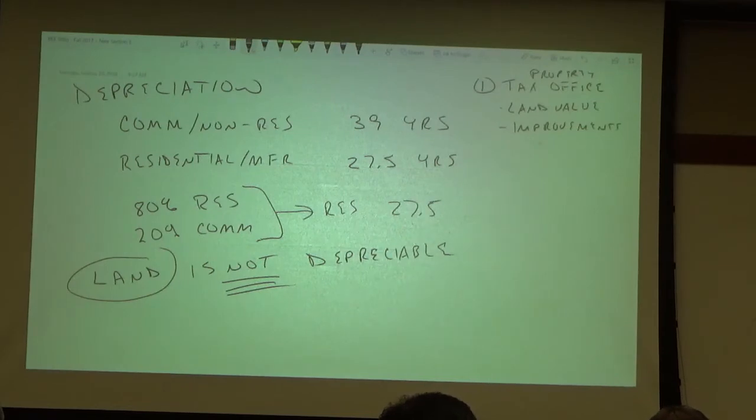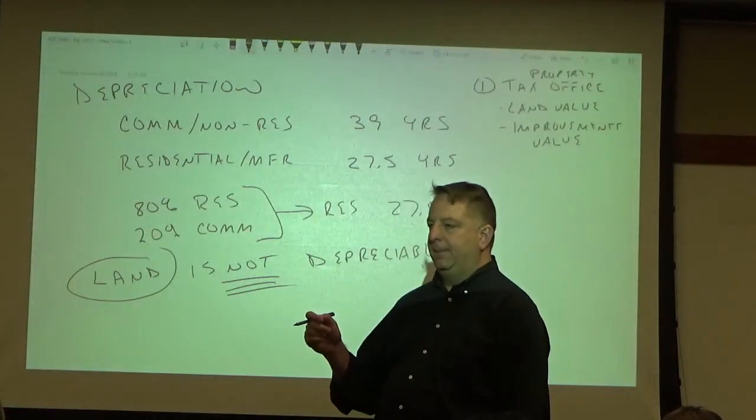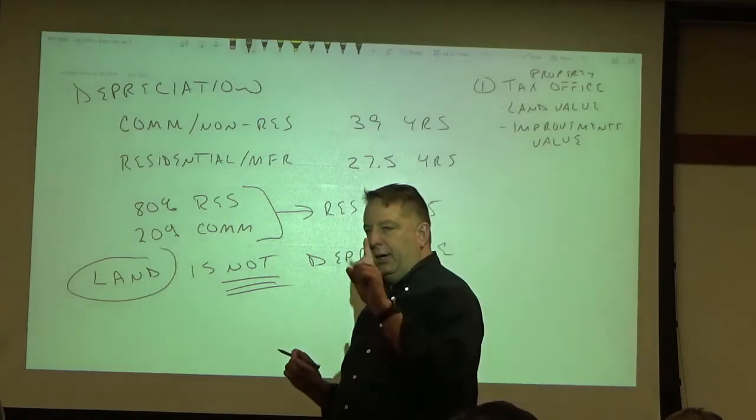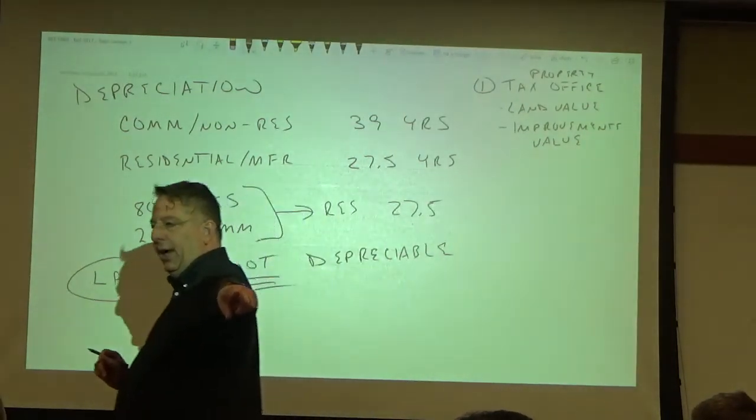So all right, hold on. I know where you're going with the question. All right, so you're saying, well, but wait a second, that's not what I paid for the property. What you're actually using here is not the dollar amount. You're using the percentage, okay?